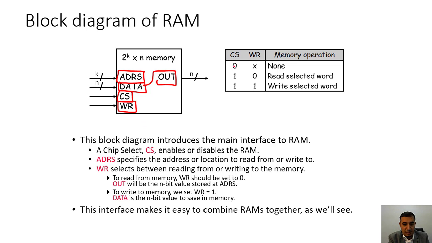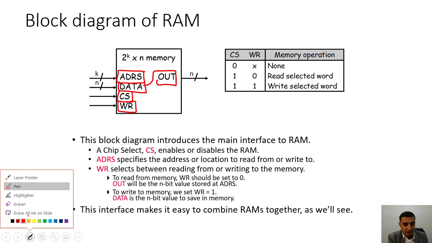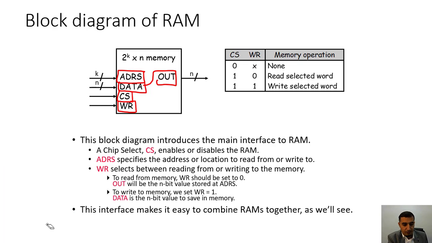If the chip select pin is equal to 0, then we are going to have nothing out of this RAM. Chip select is like turning the RAM on. If it is 0, then you cannot do anything to the RAM. If chip select is equal to 1, then if you put WR equal to 0, you read. If you put WR equal to 1, you write, meaning you save the data on the RAM.